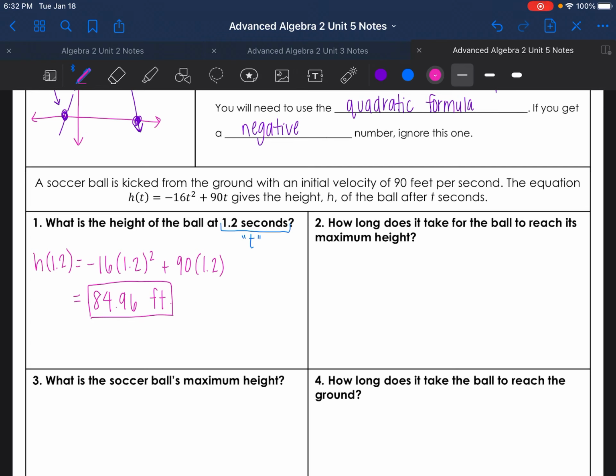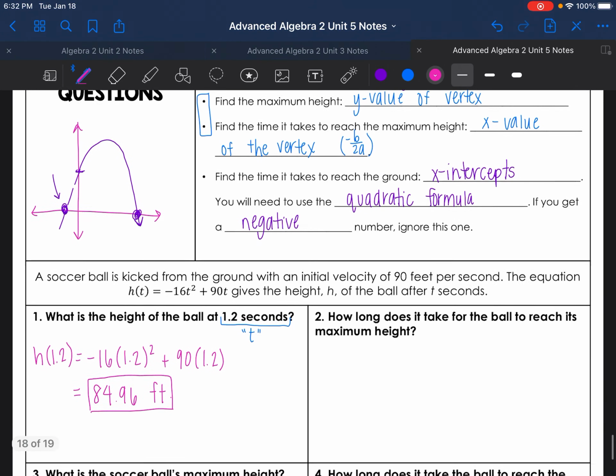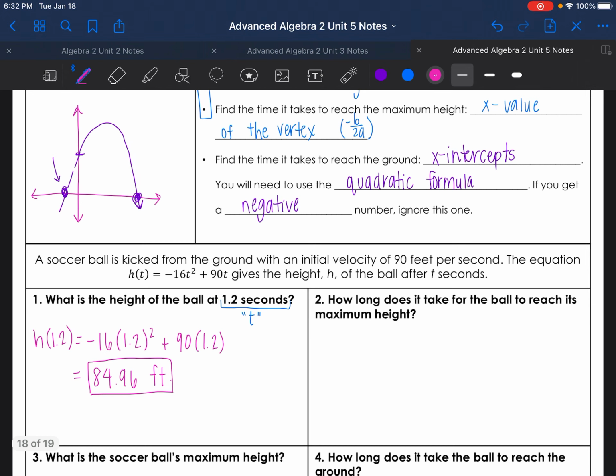Number 2, how long? So it's asking for a number of seconds. It's asking for the time. How long does it take for the ball to reach its maximum height? So remember, the maximum height is the vertex, and so the time is the x value of the vertex. So we're going to do negative b over 2a. And it's actually t equals.